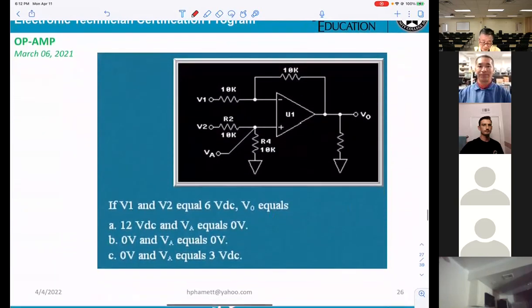Now, if V1 and V2 equal 6 volts, what does VL equal? You tell me. A or B or C?